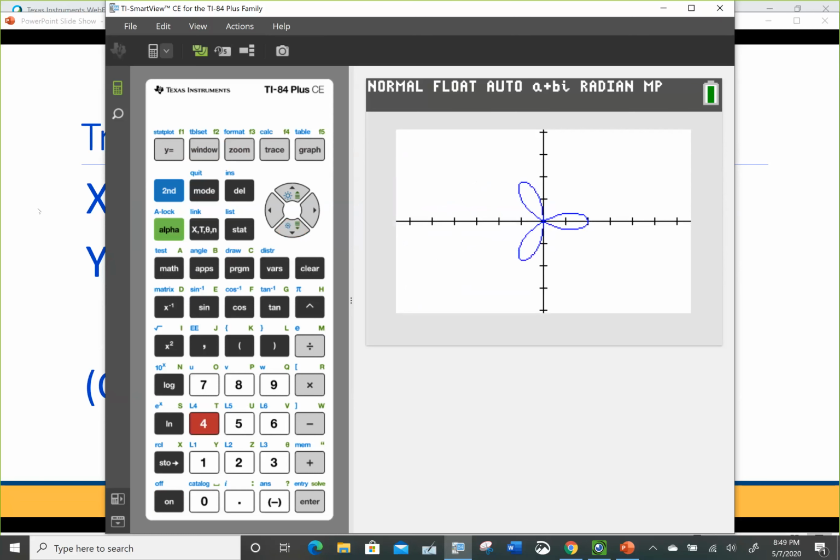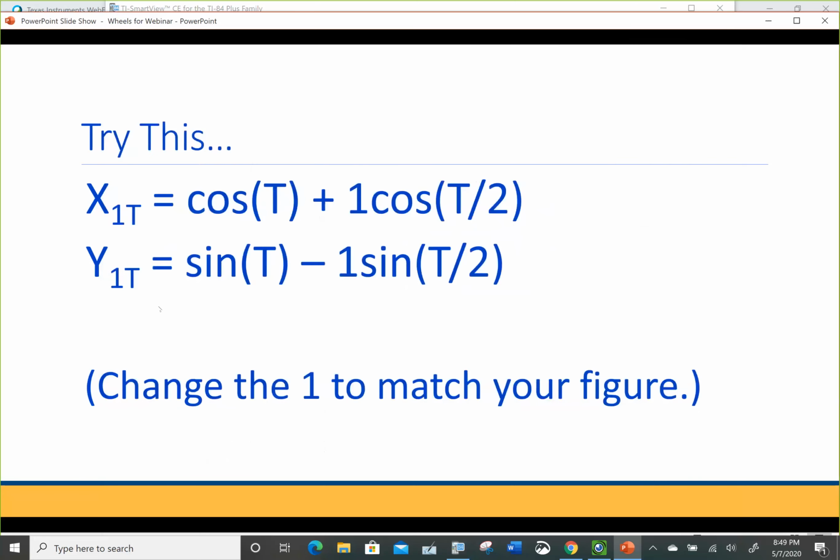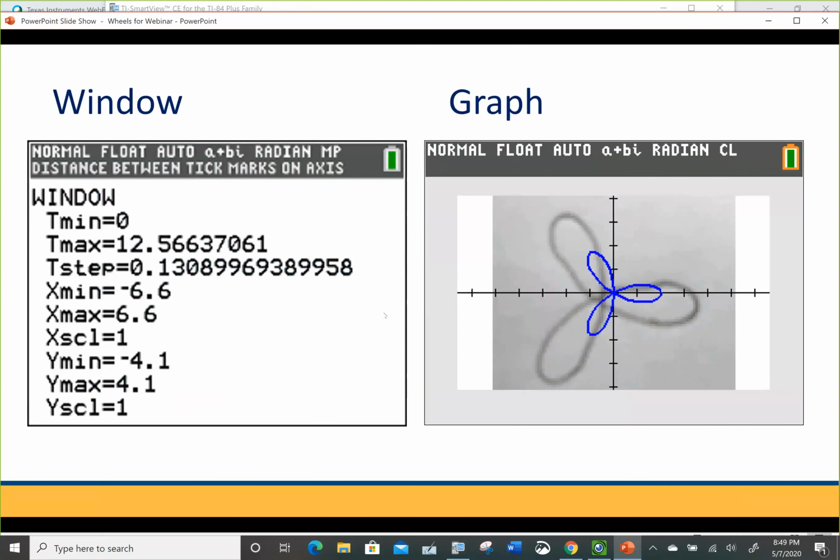Now, let me finish with this one first. Okay. I took a picture of this and put it on my Smart View so that we could see how this looked. And as you can tell, it comes pretty close to matching, but not quite. To me, you'd probably have to blow my figure up by a factor of perhaps 2, and then move it over a half and down a half to fit it better.